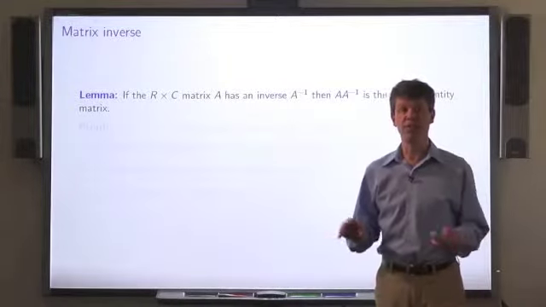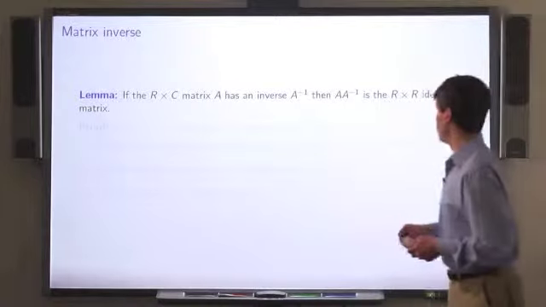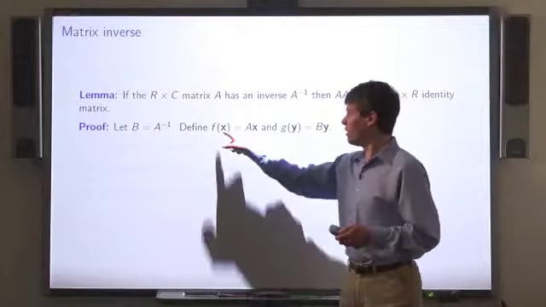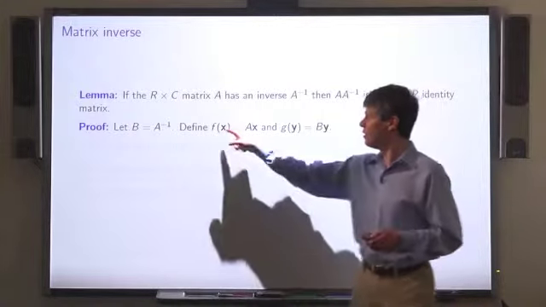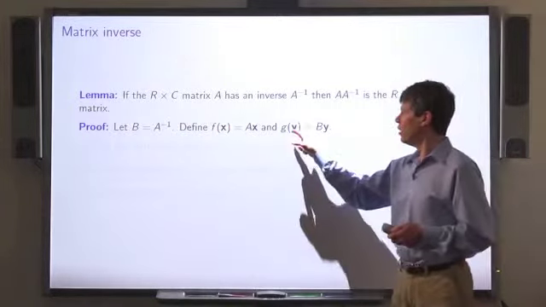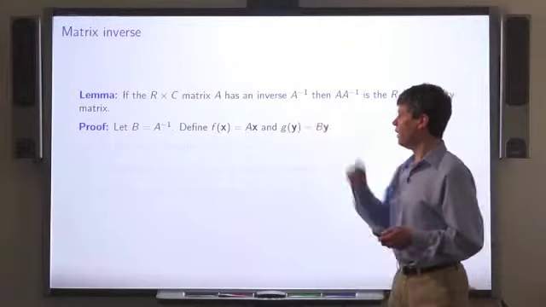Now here's a nice observation about matrix inverses. If a matrix A has an inverse, then the product of A with its inverse is the identity matrix. Here's the proof. Let B denote the inverse of A. As usual, we define the corresponding functions: the function f which takes x to A times x, and the function g, which takes y to B times y.